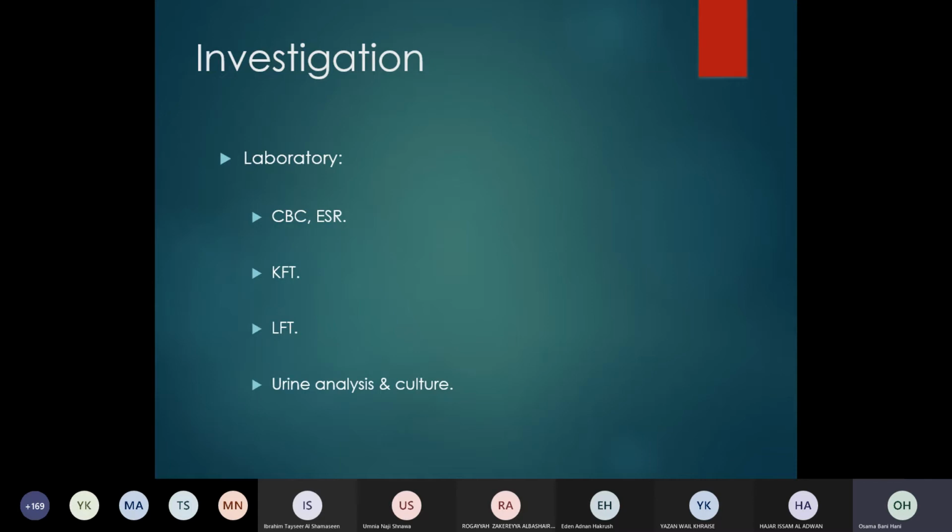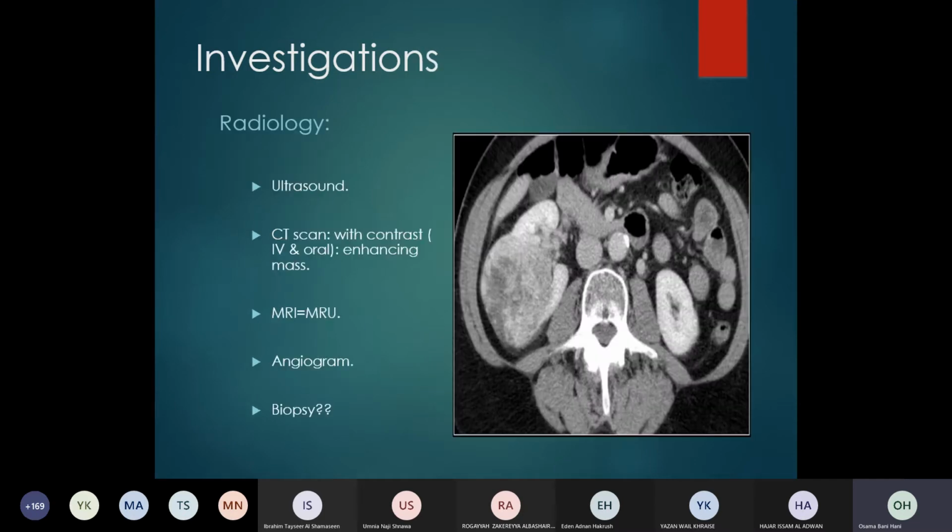With urine analysis, the main scope is looking for hematuria. Culture is to rule out infection because it can be one of the differential diagnoses of a renal tumor, either because of perinephritis, granulomatous perinephritis or localized perinephritis, which can look like a tumor in some patients.